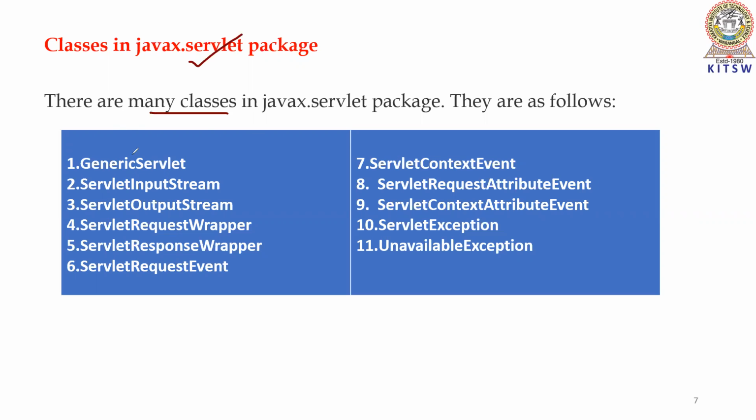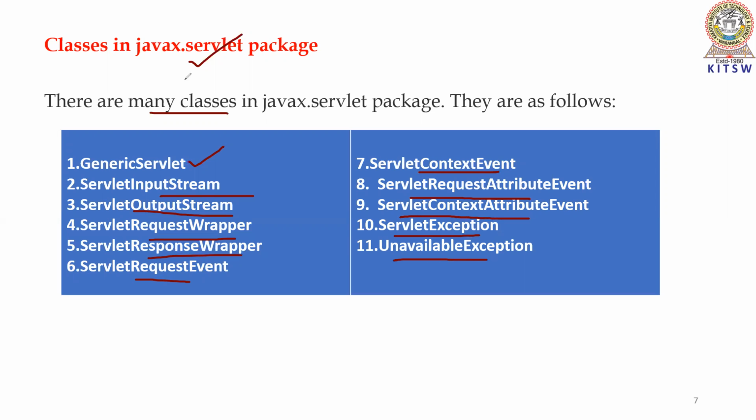Now, the classes present in this package are generic servlet, servlet input stream, servlet output stream, servlet request wrapper, response wrapper, request event, context event, servlet request attribute event, servlet context attribute event, servlet exception, and unavailable exception. These are the various classes present in the javax.servlet package.